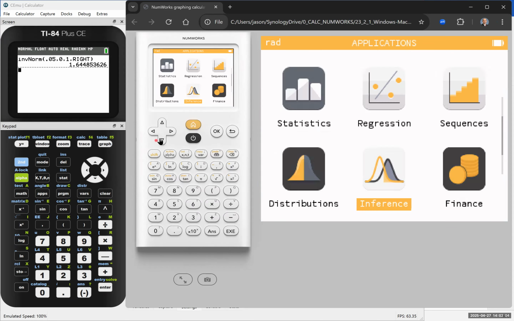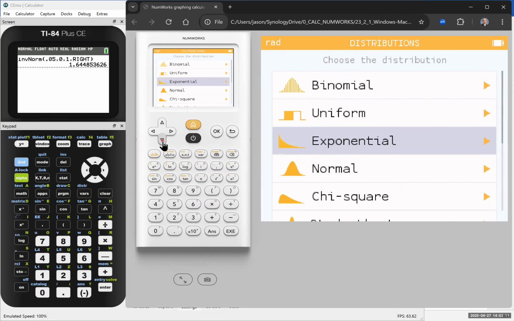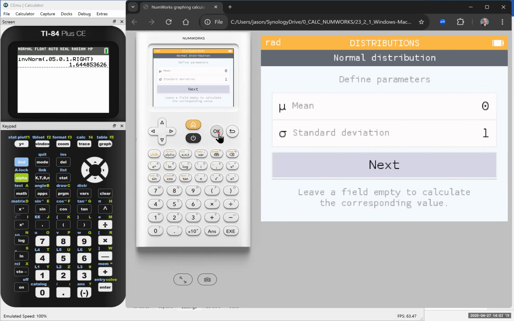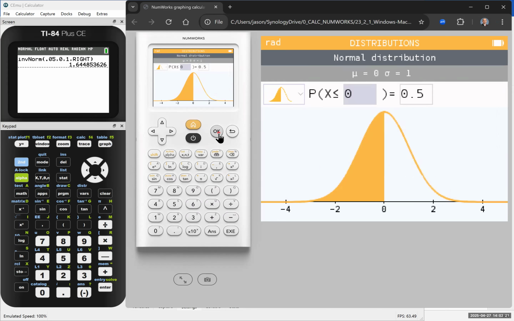NumWorks calculator. So let's hit home. We will go to the distributions app, click OK. We want to go to the normal distribution. So notice it tells us we're in the normal distribution across the top. 0 and 1 for mean and standard deviation. And we want the area to the right with an area of 0.05.